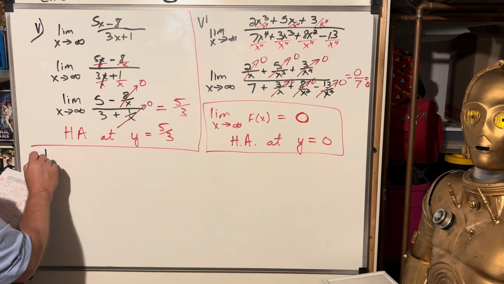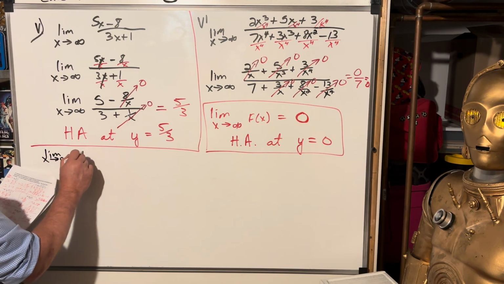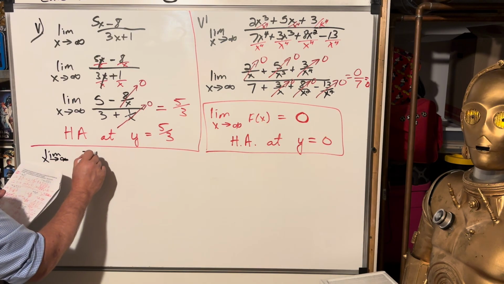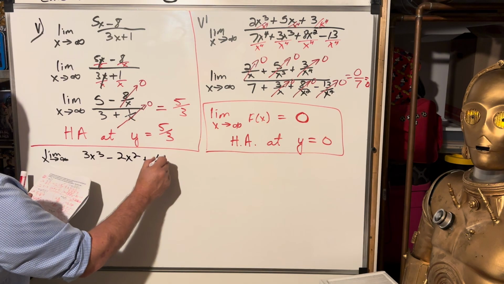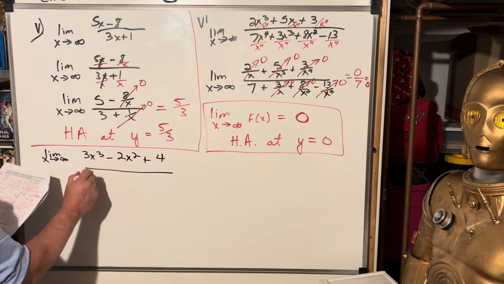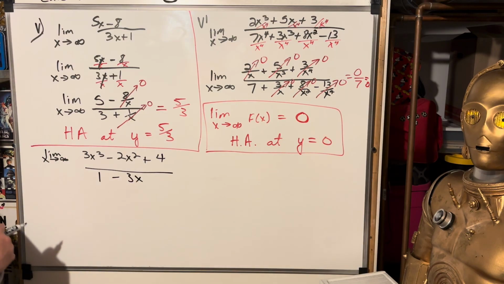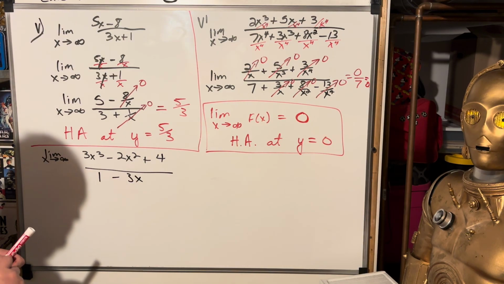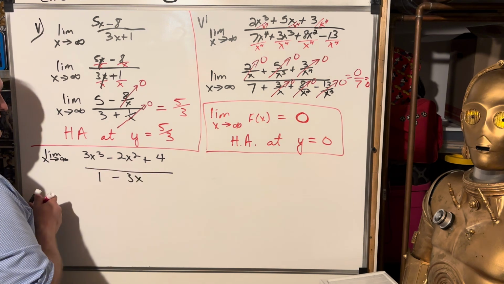Okay, the limit as x approaches infinity of 3x to the third minus 2x squared plus 4 over 1 minus 3x. Again, we're going to divide everything by the largest power in the denominator, not the numerator, in the denominator.